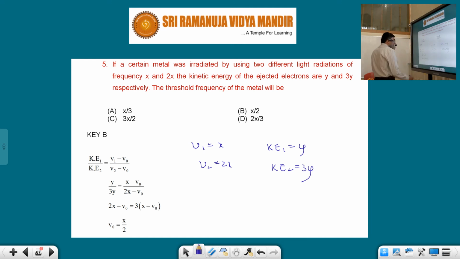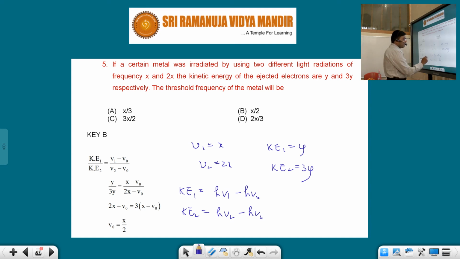So substitute the values. So Ke1 by Ke2 is equal to ν₁ minus ν₀ by ν₂ minus ν₀. So how do you get these values? Simple. Ke1 is equal to hν₁ minus hν₀. Similarly, Ke2 is equal to hν₂ minus hν₀.